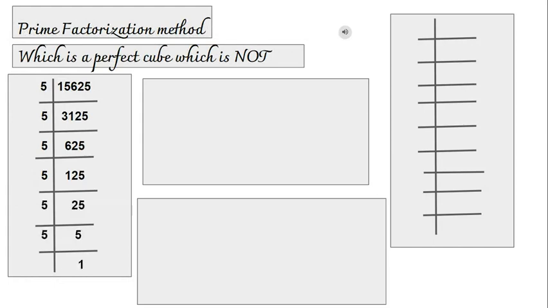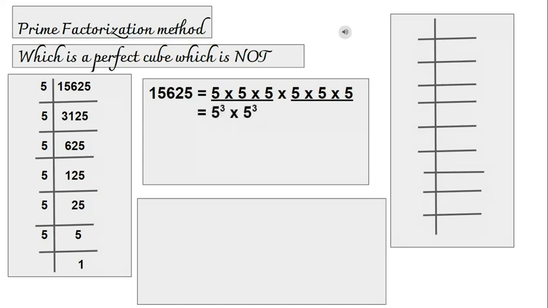So we can write 15,625 is equal to 5 into 5 into 5 into 5 into 5 into 5. So it is a product of 6 fives, isn't it? Now let's divide it into groups of 3. Three fives together form one group, and again three fives together form another group. So this can be written as 5 cube into 5 cube.